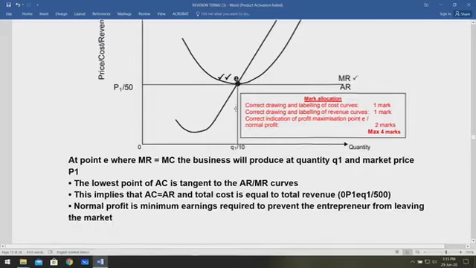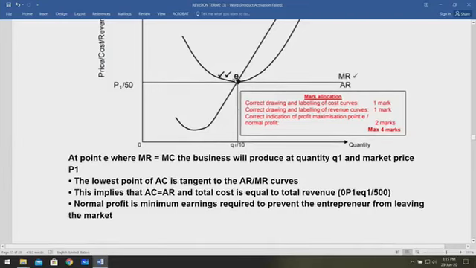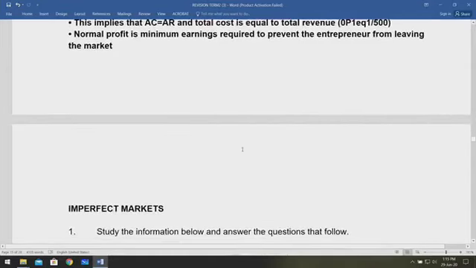And then you can say the revenue is 50 times 10, which is 500. The cost is 50 times 10, which is 500. So the profit is 500 minus 500, which is 0. And then you can explain that that's the minimum that a business should be earning before leaving the market. Okay.